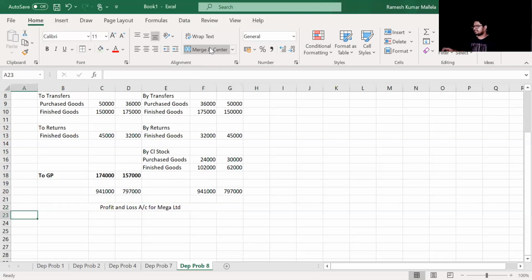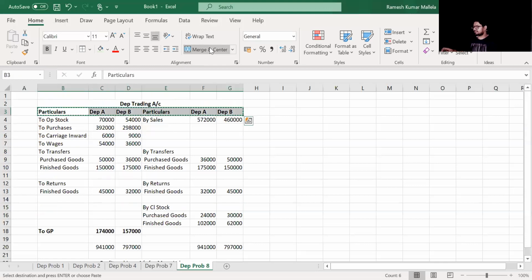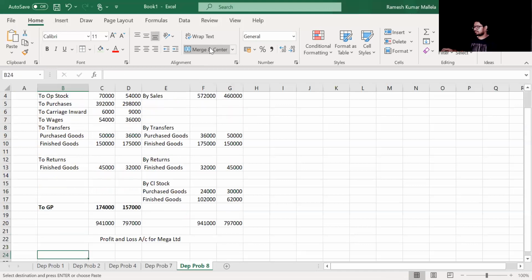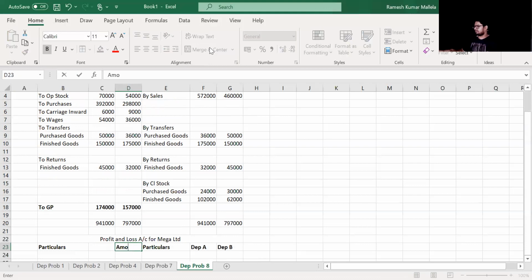Again, let's take same particulars. Okay. However, here it's not going to be departments, it's directly amount. So these are your columns, what you have. Okay. So by department gross profit.